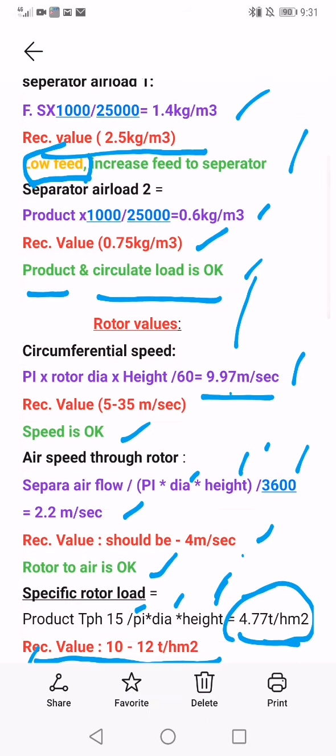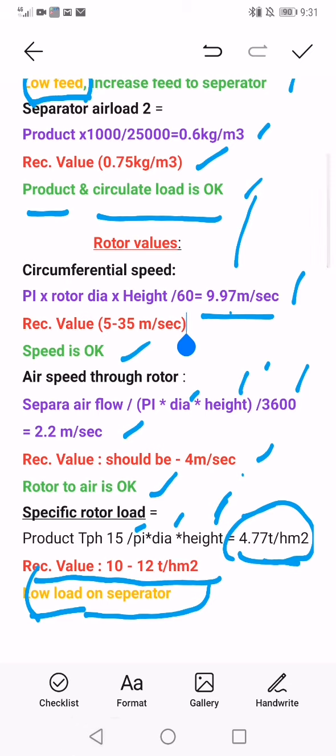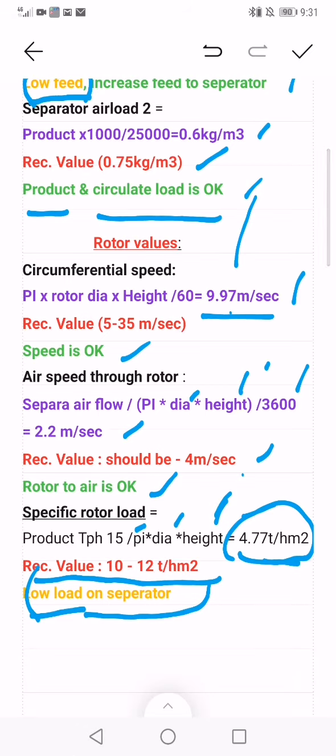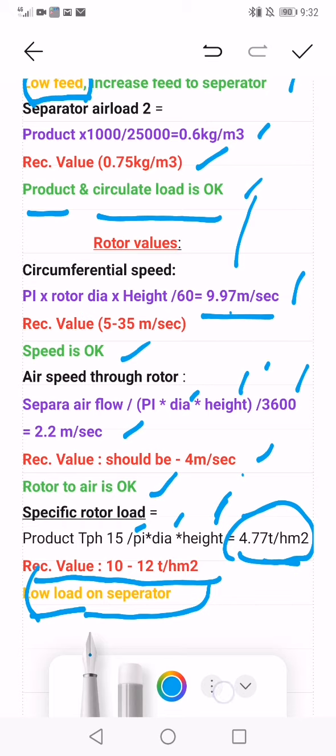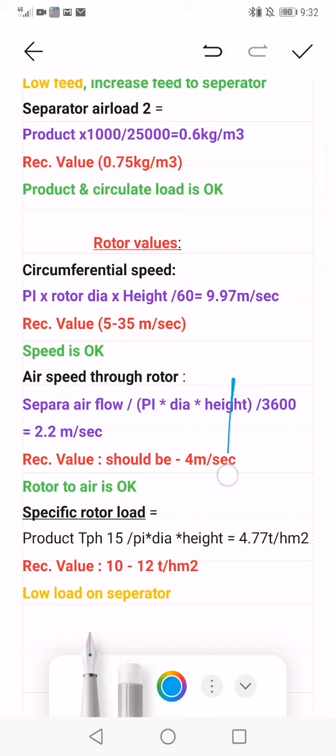So I think all our experts got my concept.